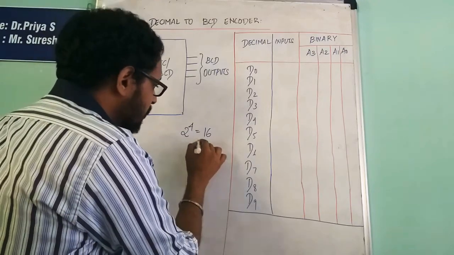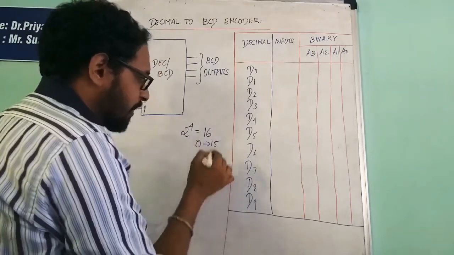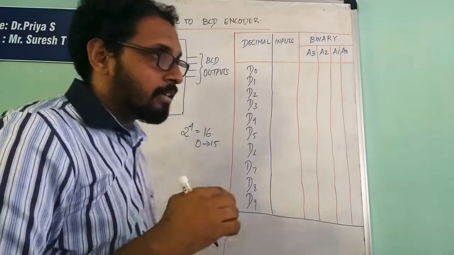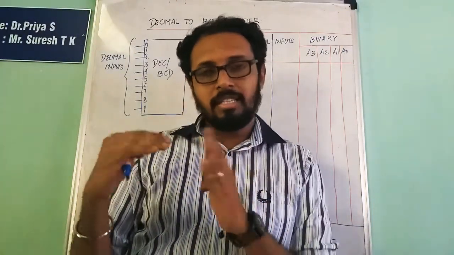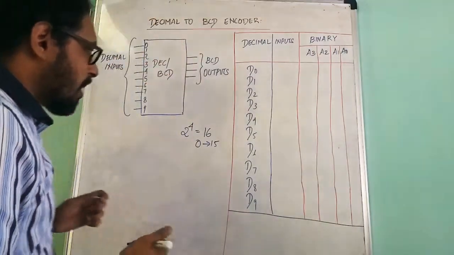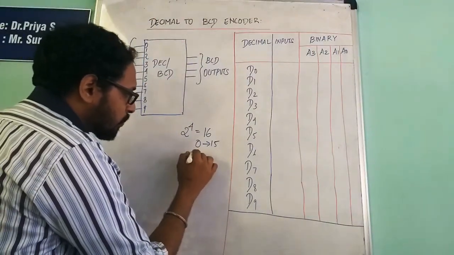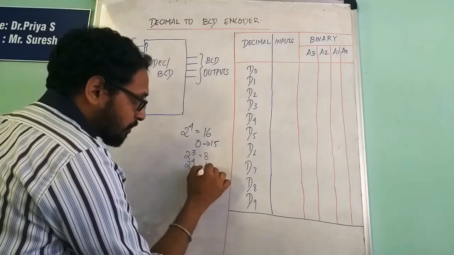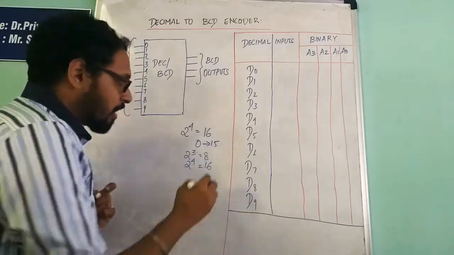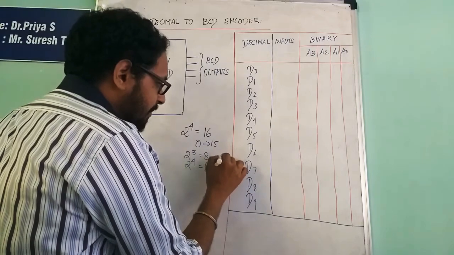Even though in BCD 10 cases are valid and the 6 are invalid, after constructing 2 raised to 3, that is 8, our next option is constructing 2 raised to 4, 16. We have 10 as a value in between.